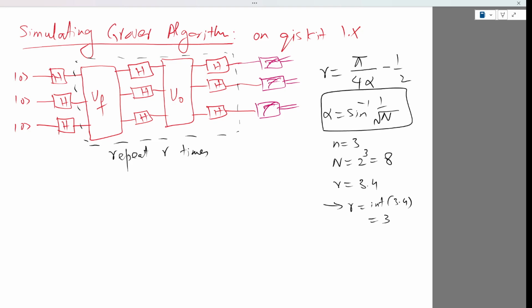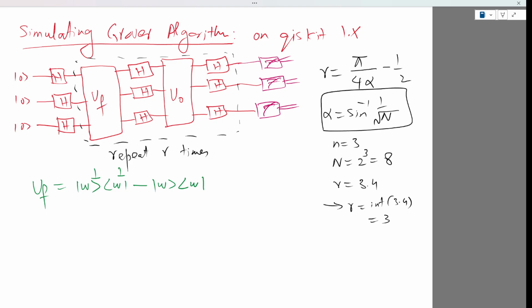Now let's come to how to implement UF. If you recall, UF has to work like this, that it gives positive sign to all states except the state that is the solution that we are looking for.